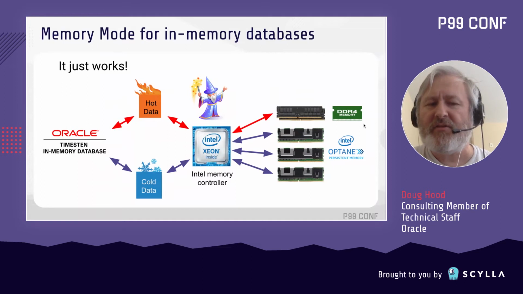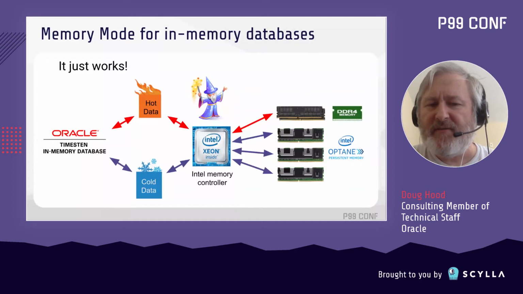Ideally, the hot data would go in the fastest memory, in this case DDR4 memory, and the colder data could go in the slower memory, in this case Optane Persistent Memory. One of the nice things that Intel did is they made that data placement automatic, so that's a function of the Xeon CPUs. So they claim that that just works.